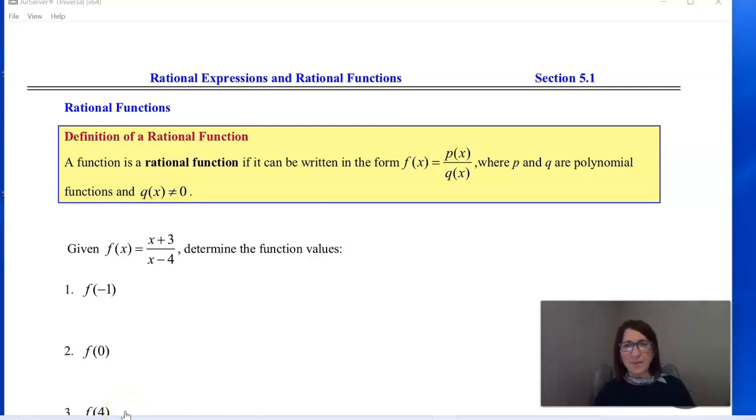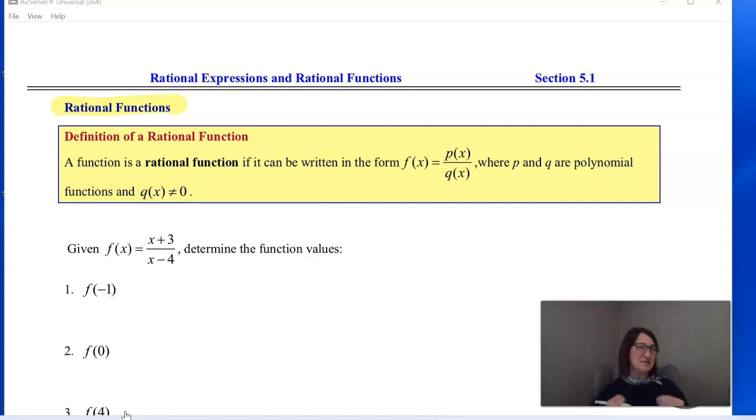So we're going to start a new module, and this module just kind of starts us off with rational expressions and rational functions. A rational function really is not new to us, we're just going to take it one step further. This is where typically you have a variable in the denominator.